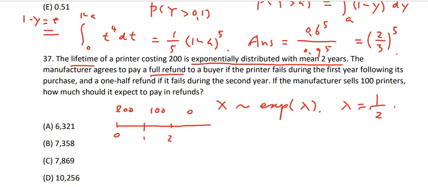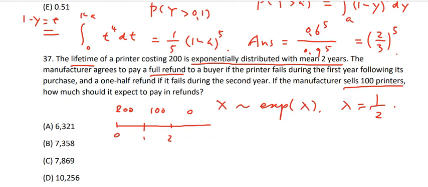So we want to find the expected value for payment. Then just multiply by 100. How much the company should be expected to pay out.